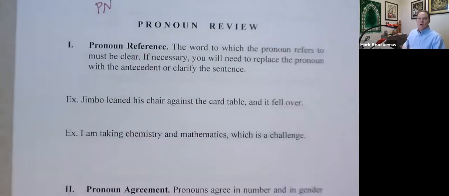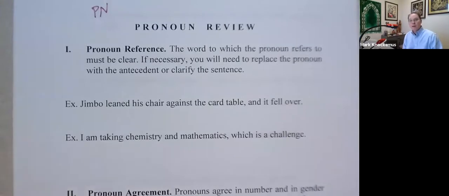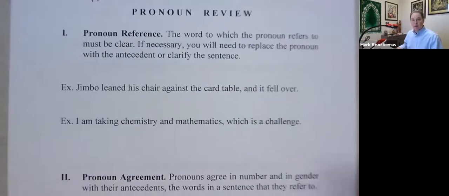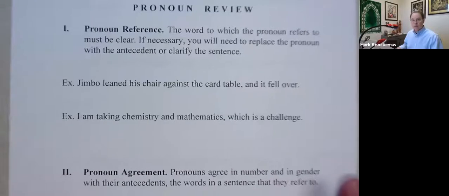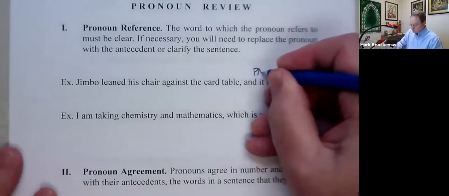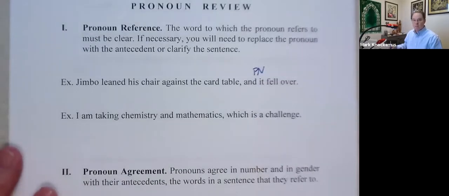The first is pronoun reference. This happens when it's cloudy, it's not clear. Sometimes we'll have to double down with the noun to make sure we have a clear sentence. For example, Jimbo leaned his chair against the card table and it fell over. Why is that a foul? What fell over?